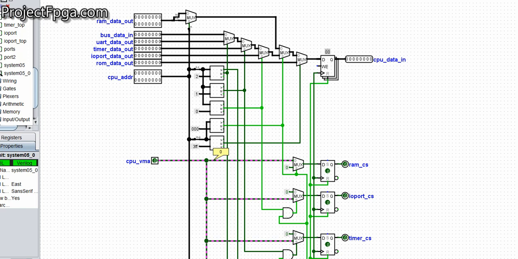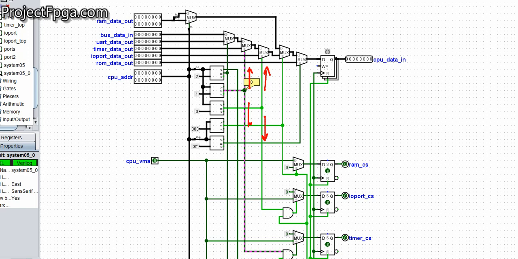Then again, just like I said, whenever the CPU is reading, it is writing. That is why with these signals here, when it is 0, you can see that it went up and it went down. Then let's check this one also. The same thing. When it is 1, you can see it went up and it went down.